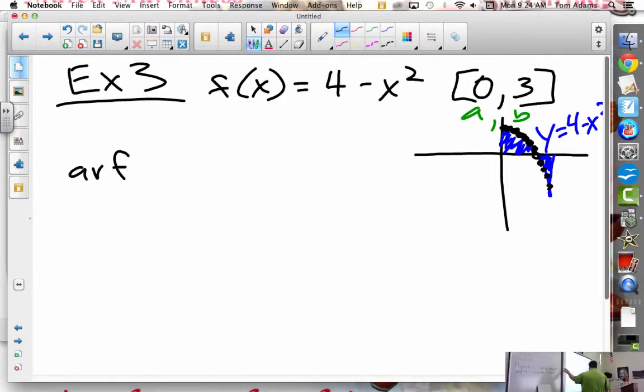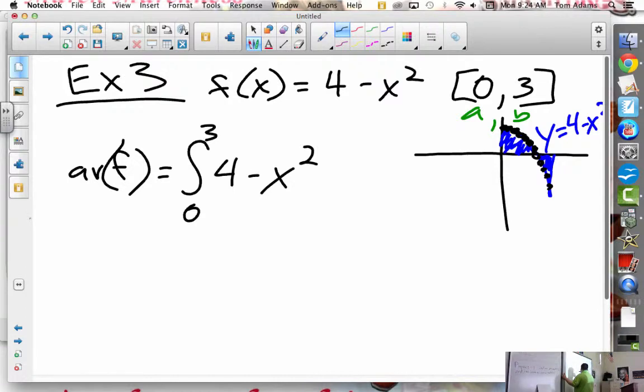I would get the answer that I'm about to write on the board. So that is equal to 1 over b minus a times the area under the curve from 0 to 3 of 4 minus x squared dx.